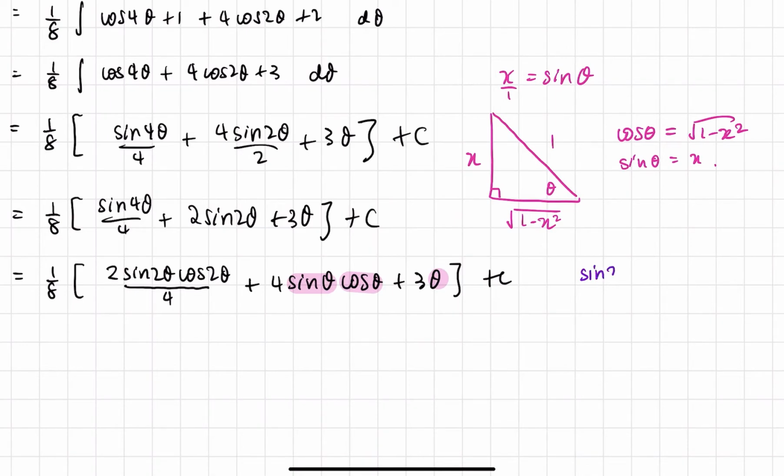So sine 2 theta is 2 sine theta cos theta. And we just found the sine theta is x, and cos theta is √(1 - x²). Right? So that's sine 2 theta.